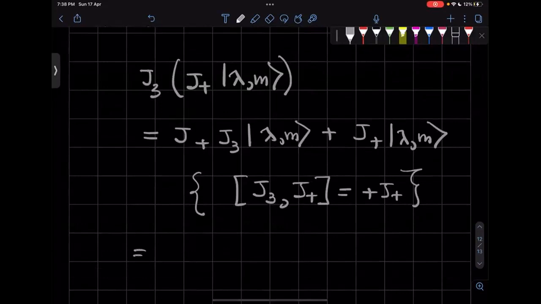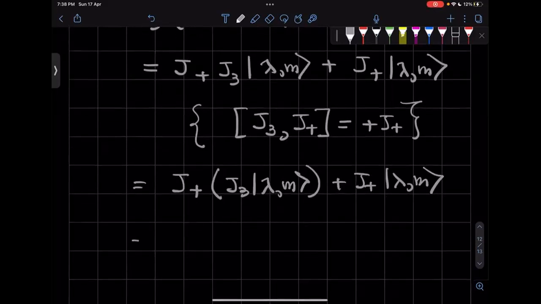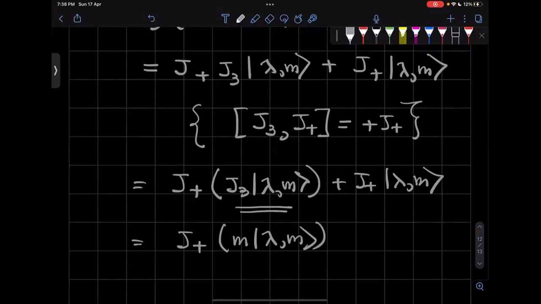So now the right-hand side, we can write as J plus J3 acting on |λ, m⟩, and then J plus acting on the state |λ, m⟩. But this is an eigenvector with eigenvalue m. So we get J plus times m |λ, m⟩ plus J plus |λ, m⟩.